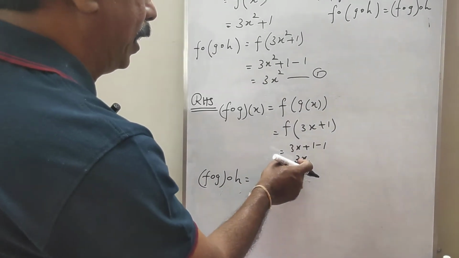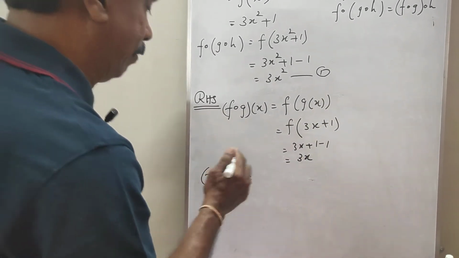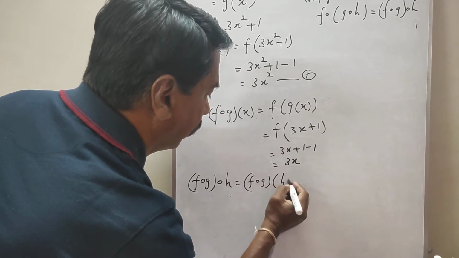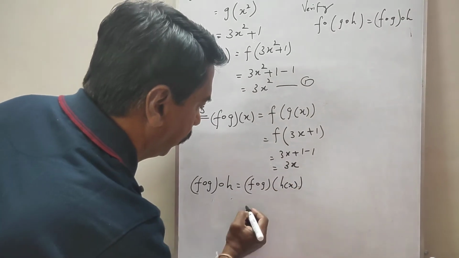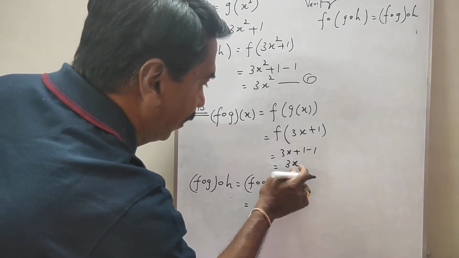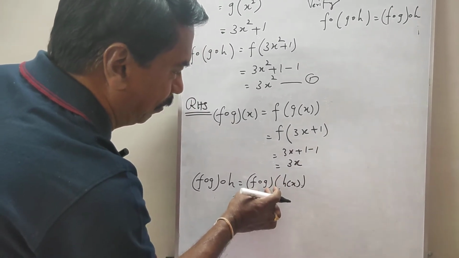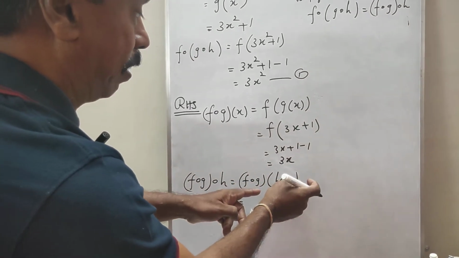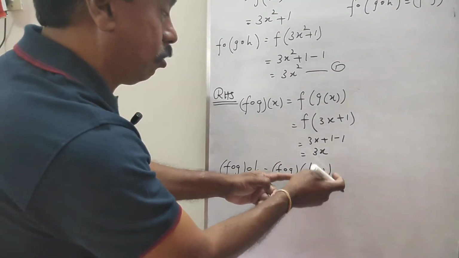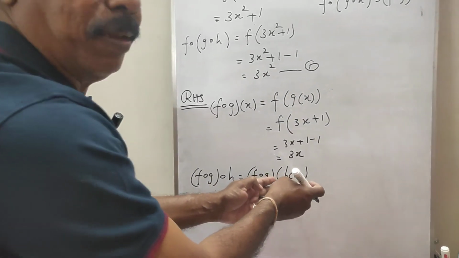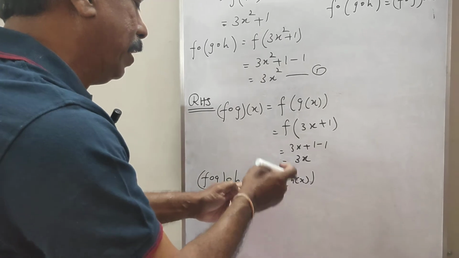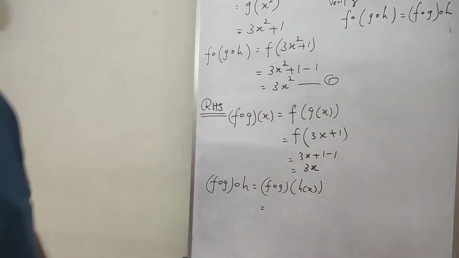In this 3x we have to replace h. That is f∘g of h of x. Because f∘g is in the left hand side, h of x is in the right hand side. This right hand side is to be replaced in the left hand side.